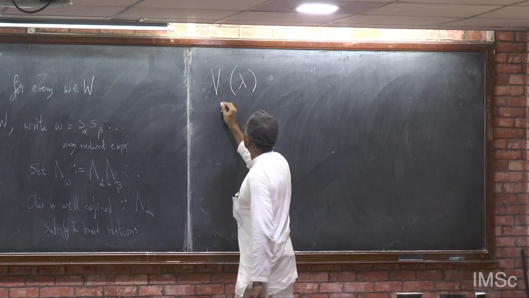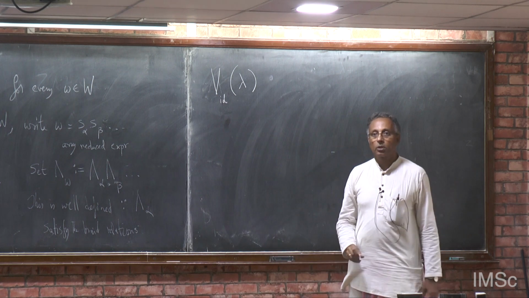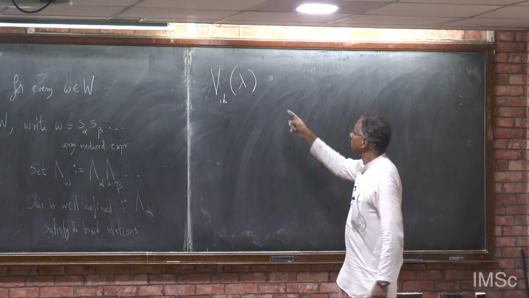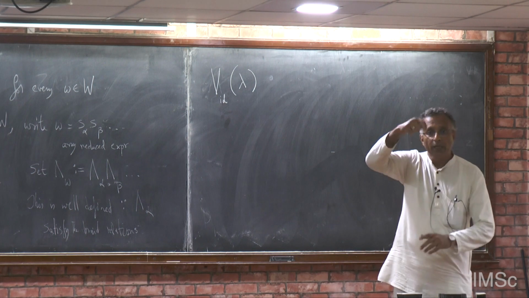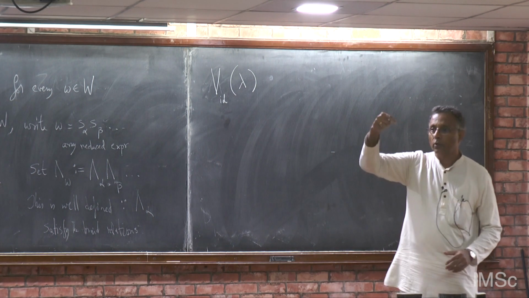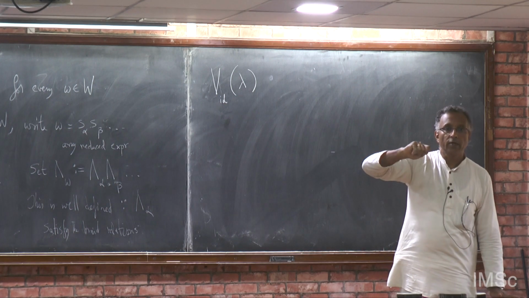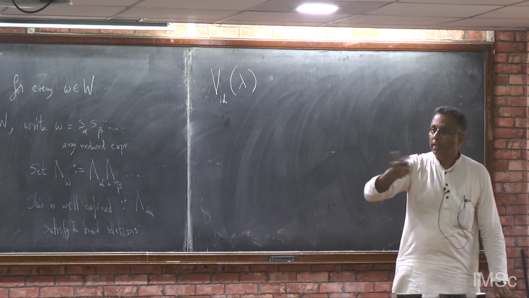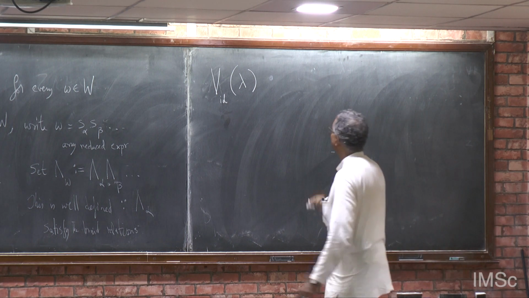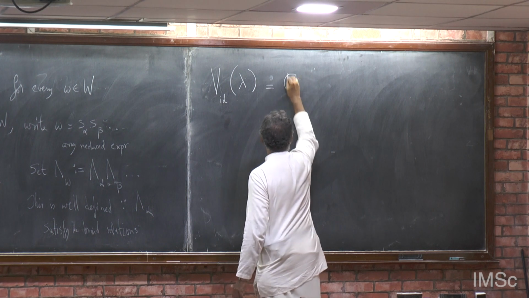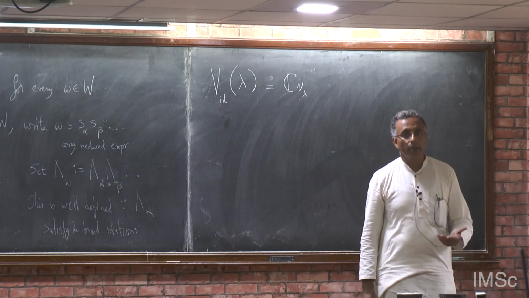If I put the identity element of the Weyl group, this is just U_B of the highest weight vector, but the highest weight vector is stabilized by B. So this is just C v_lambda, a one-dimensional space.